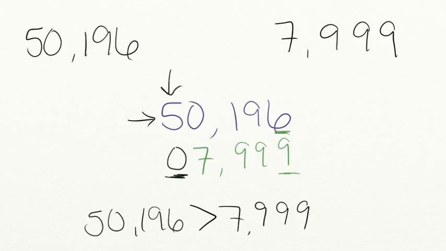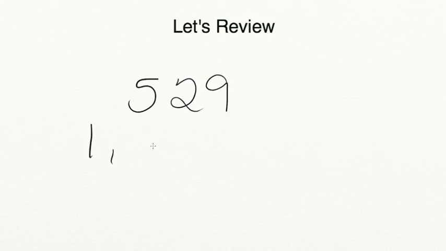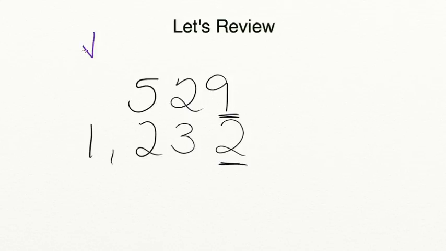Let's review what you've learned in today's lesson. When you're comparing two numbers, the first step that you need to take is lining up the ones place. And this is going to allow you to compare each place value. So as you can see, we have the ones place lined up. Step 2, go all the way to the left-hand side to the largest place value to start comparing. Since we have a 1 in the thousands place here, but we don't have anything in that thousands place for this number, we can put a 0 as a placeholder.